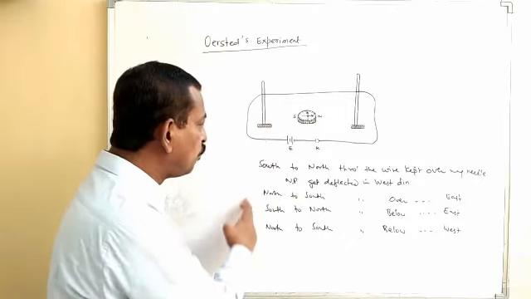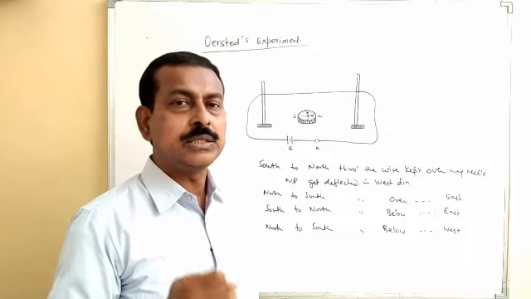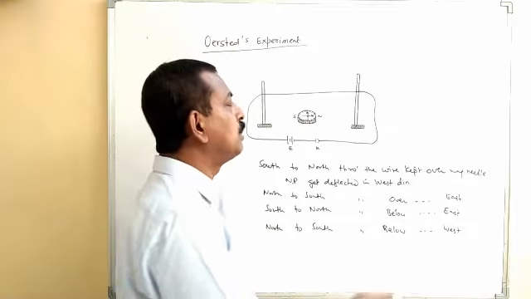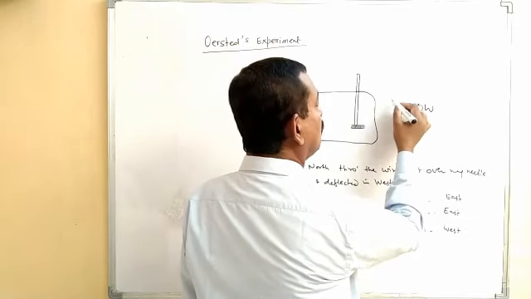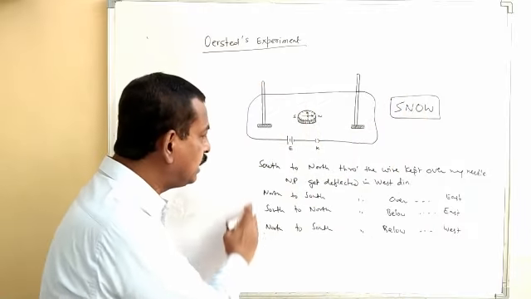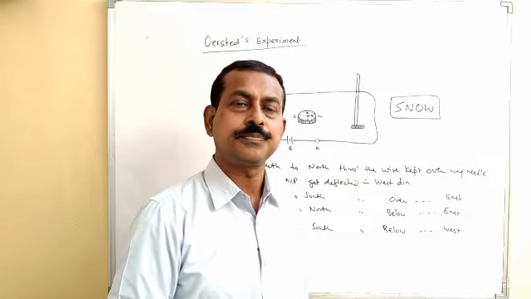So these are the 4 cases that you should remember. And just to remember all these, best is just remember the word SNOW. If you remember this word, you can get any of these. You don't have to memorize all these separately.